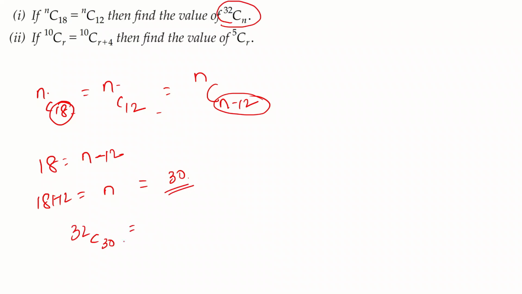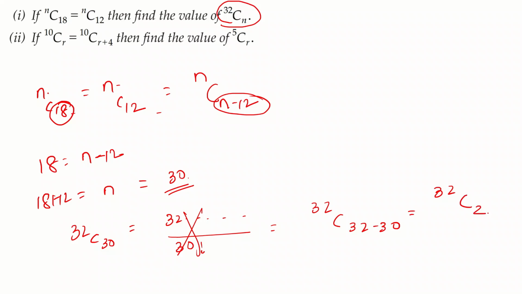32C30. There are two ways of doing it. You can either start with 32 and go 30 steps down, divided by 30 factorial, and there is even a shortcut. So we won't use this. We will use the same formula: 32C30 is equal to 32C(32 minus 30), right? This is what we have just discussed.